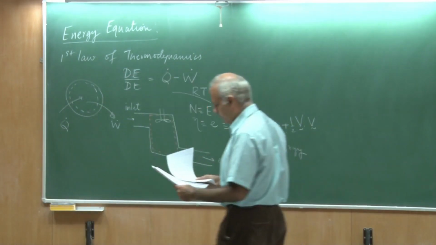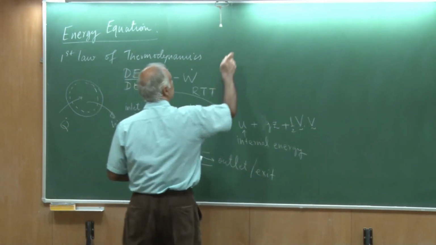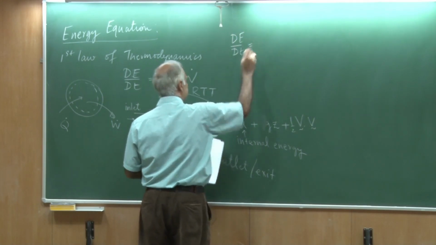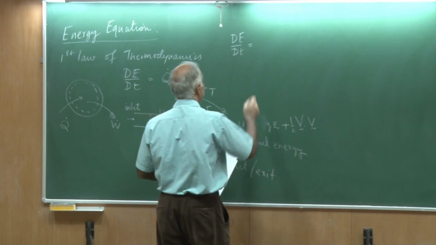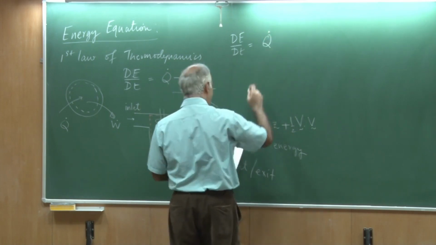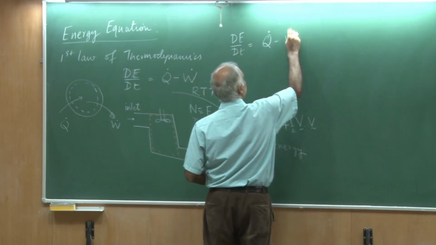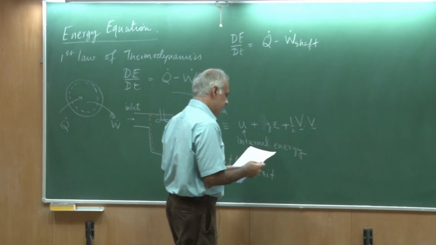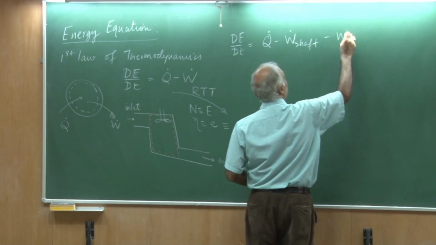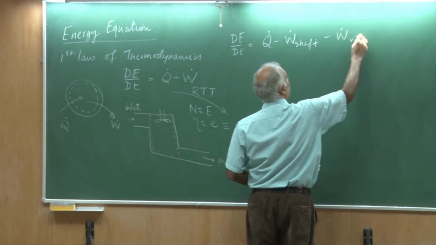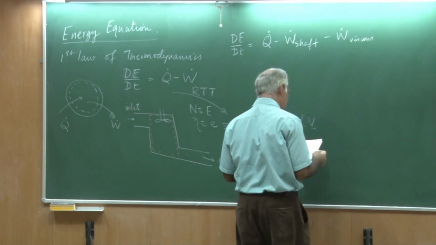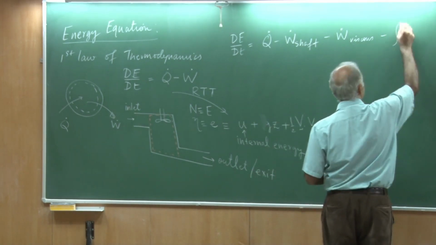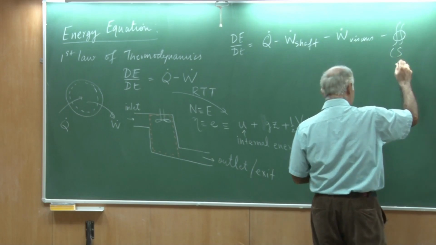And we were able to transform it using the Reynolds transport theorem, and let me give you the expression of what we did. You are actually able to write that dE dt, this is Q dot minus W dot shaft work. Then we talked about the work done by the viscous forces and the work done by the pressure forces at the control surface.